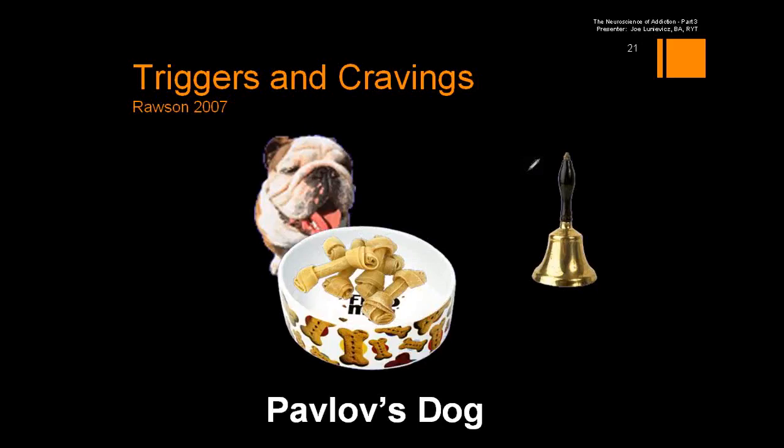So in a relatively short period of time, Pavlov and his buddies would ring the bell without the presence of food, and this is what's so fascinating. Dogs would still produce saliva and gastric fluid just as if the food was present. So dogs connect the sound of the bell, which is what we call the trigger, with the anticipation of eating.